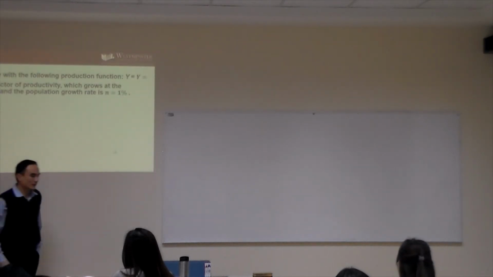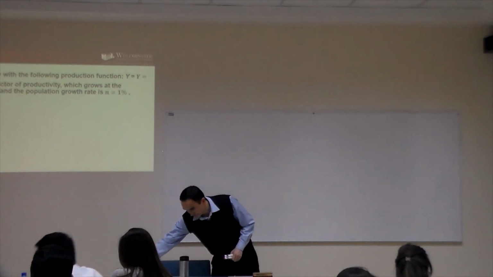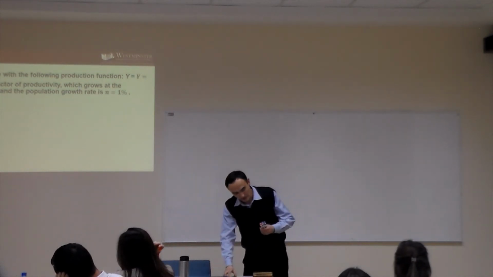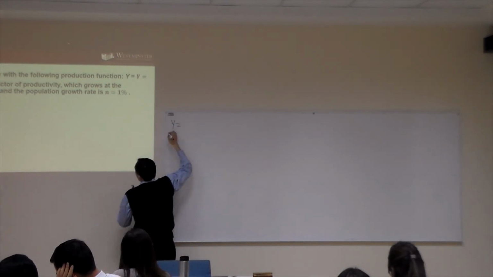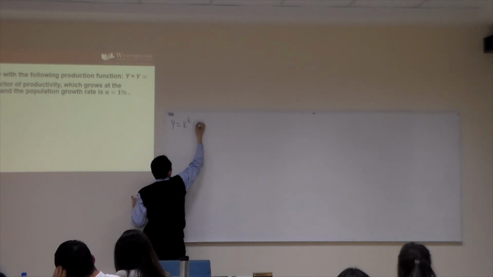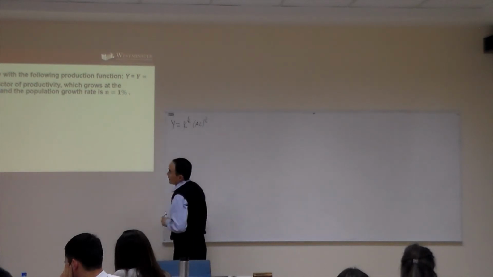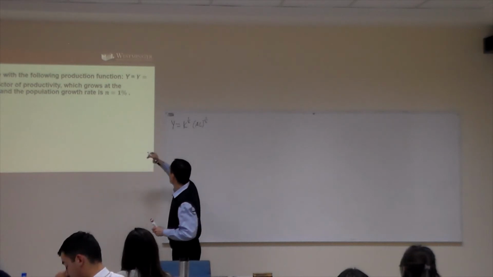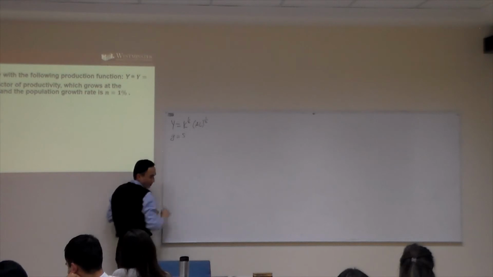Alright, exercise 4. Let's start with our exercise 4. In this exercise, we are given a Cobb-Douglas production function, okay? Output is equal to capital to the power of 1 over 2 times effective labor to the power of 1 over 2. And now we are given that the factor of production, growth in technology, is 5%.